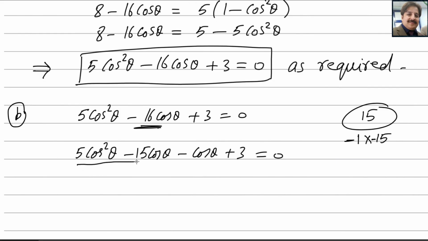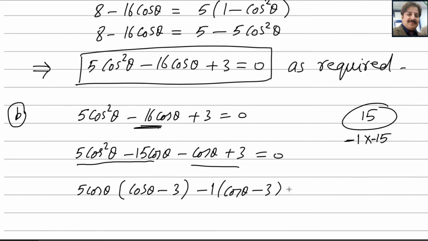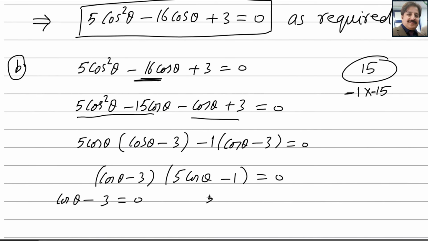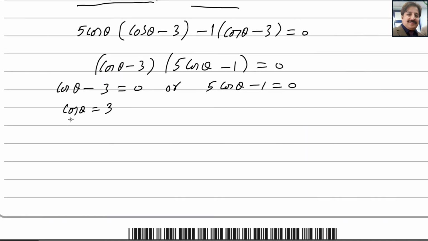Now for the first two terms and last two terms, what is common? 5 cosine theta is common, leaving cosine theta minus 3, and minus 1 is common, leaving cosine theta minus 3. We have two factors: cosine theta minus 3 equals 0 and 5 cosine theta minus 1 equals 0. We reject the first because cosine value can never be greater than 1.